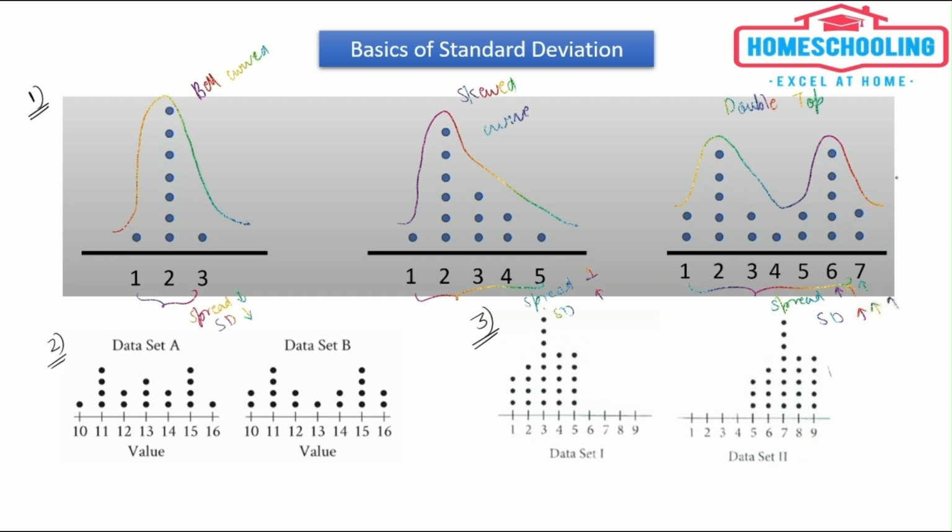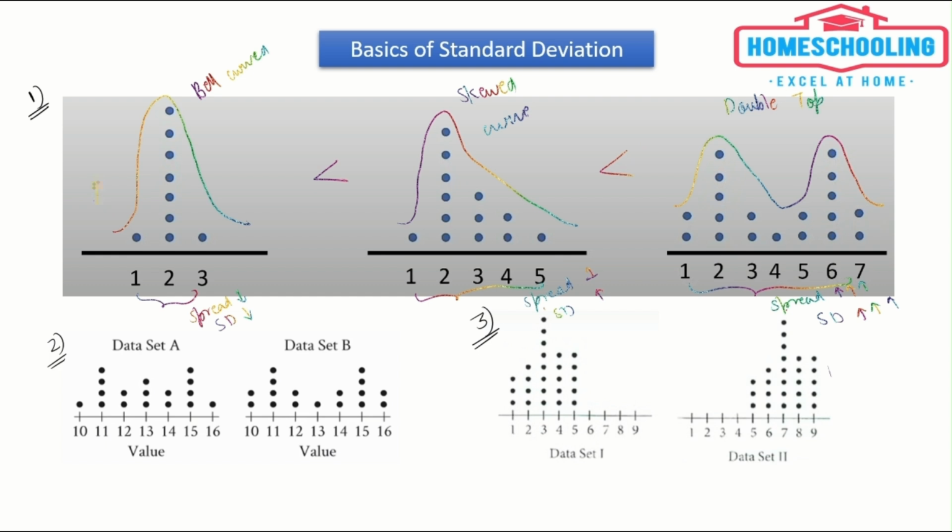So what we can say here, among these three graphs, bell curve, skewed curve, and double top curve, this one has the lowest spread and standard deviation, this one has higher, and this one has the highest.